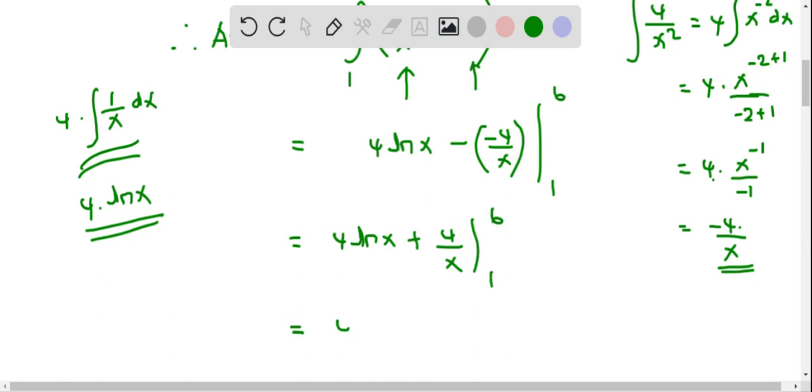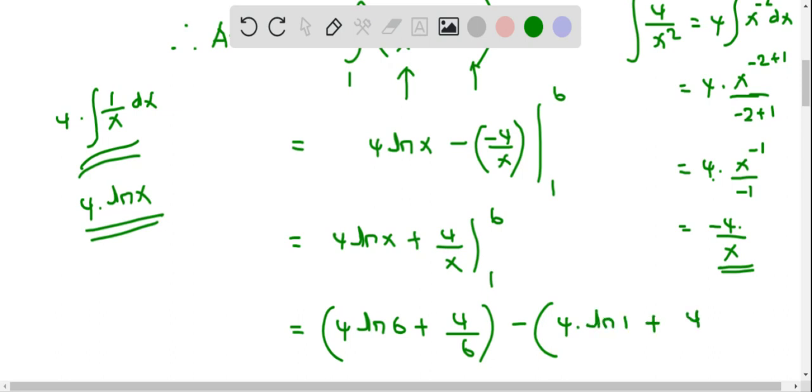Let me apply the upper limit. This is 4 times the natural logarithm of 6 plus 4 over 6, replacing x by 6. Now we apply the lower limit for x, replacing x by 1, so it becomes 4 times ln 1 plus 4 by 1.